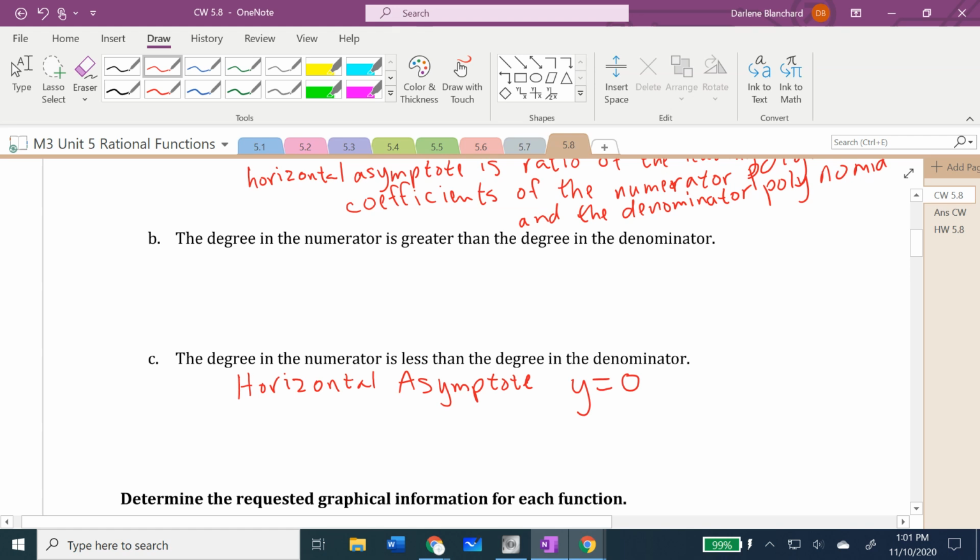Now, you've only seen one graph, at least that I've given you, where the degree in the numerator was greater than the degree in the denominator.